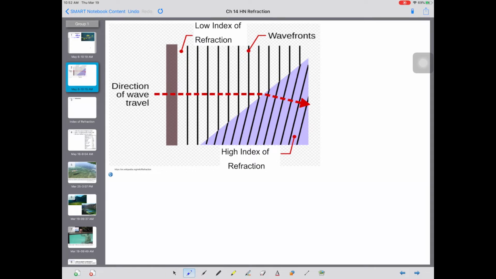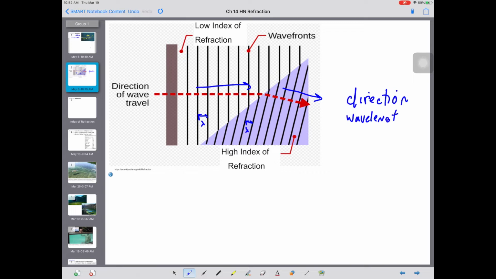Diagrammed in terms of waves, you see in this diagram the direction of the initial wave here, traveling along this way, and it goes into the second substance. And when it goes into the second substance, it changes in direction. But as you can see, that change in direction is not the only thing that changes. If you notice the spaces between our wave fronts in the different substances, that would be your wavelength.